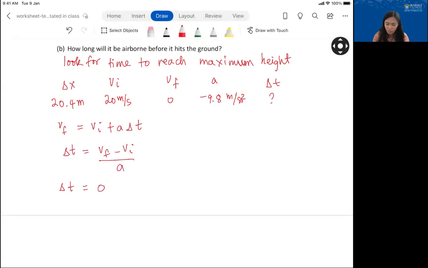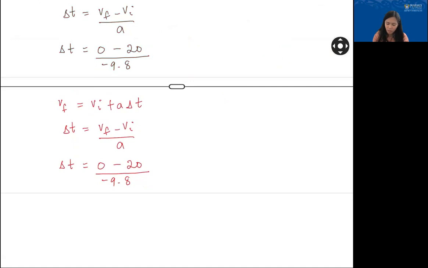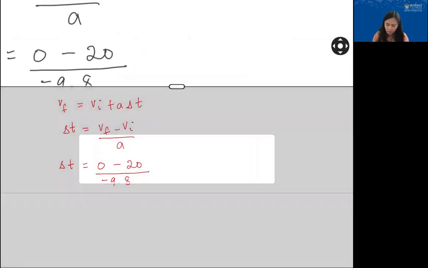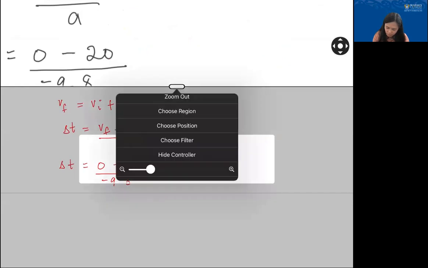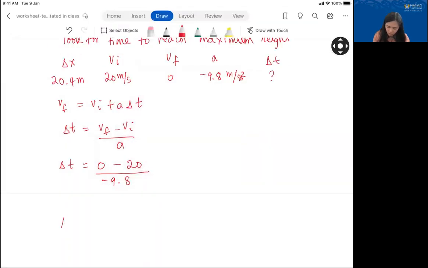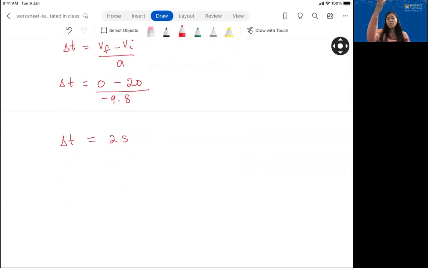So the VF is 0 at the maximum height, minus 20 meters per second for the initial velocity, and then acceleration negative 9.8. You should end up with a positive time. So delta T should be positive 2 seconds. Okay. So this is the time it takes to go up.